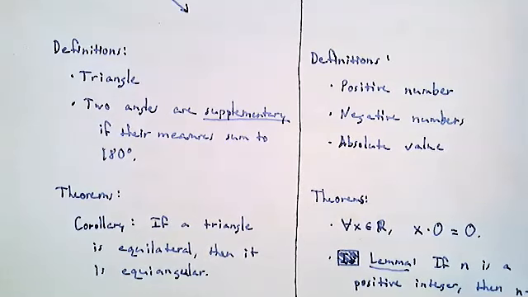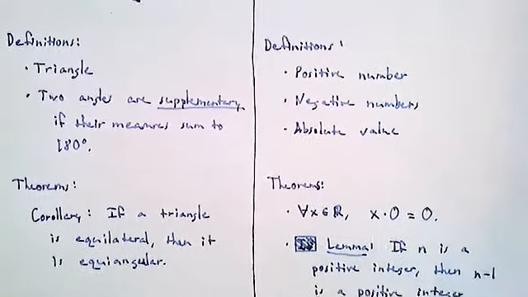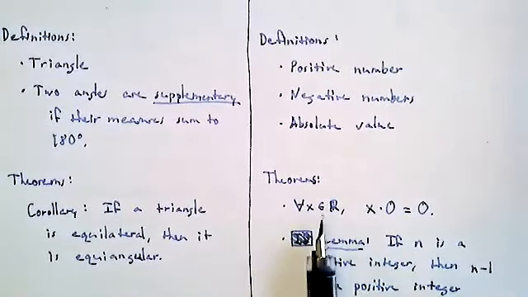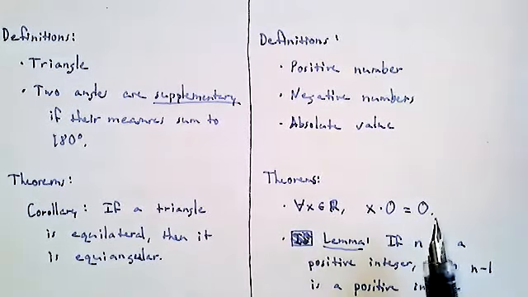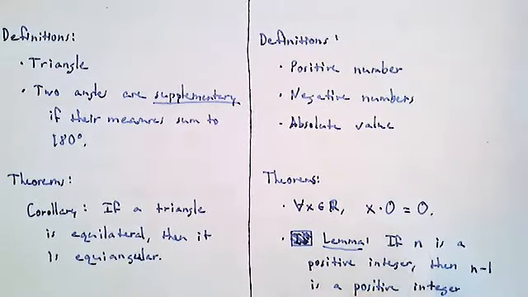And then theorems are things that you can prove are true using logic and then your axioms, definitions, and undefined terms. And examples of these are like this one about equilateral triangles. This one says if a triangle is equilateral, then its angles are also equal. Or you can have something from the real numbers, like this one, that says that for all real numbers x, x times 0 is equal to 0.